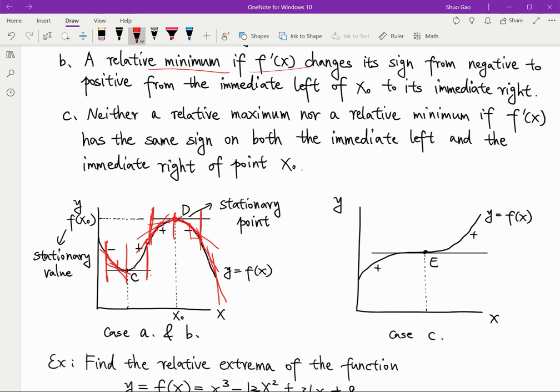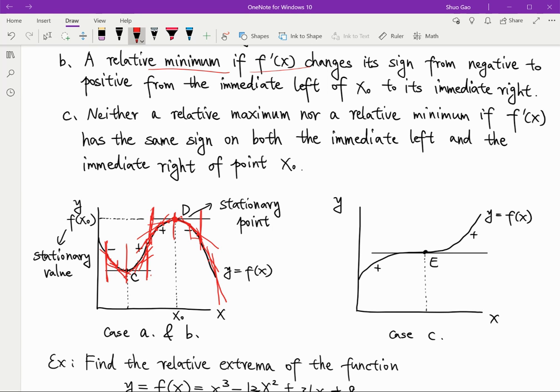For all the points in this small interval, if you draw the tangent line, the slope is positive. So for the small interval left of C, the slope is negative, and for the right, the slope becomes positive.